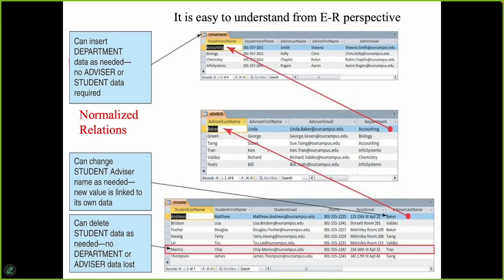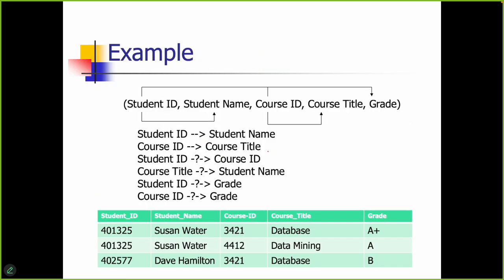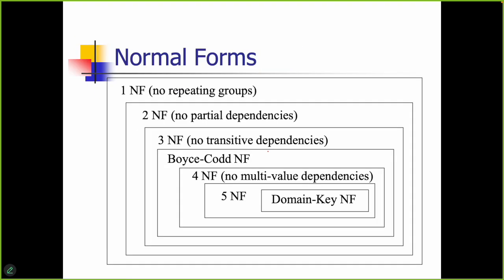And this is because in each department, we have several advisors and we cannot store multiple values in one cell, right? So we are not allowed to store multiple values in one cell. And that's about atomicity of relational tables. So each cell should hold only one value.